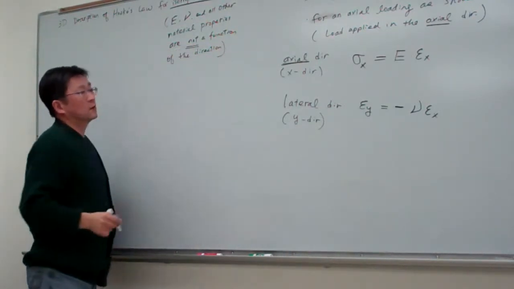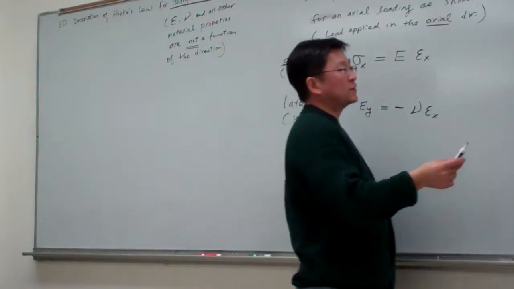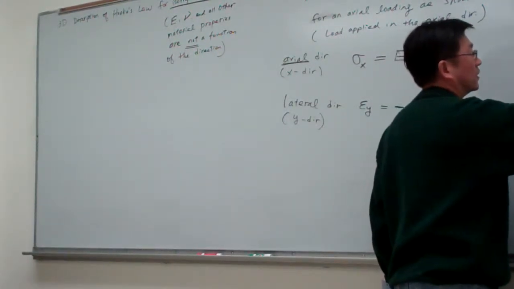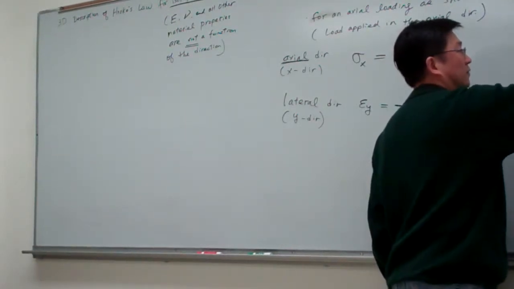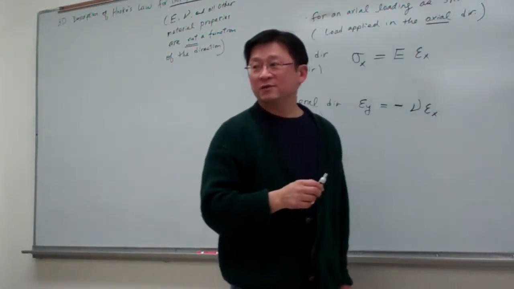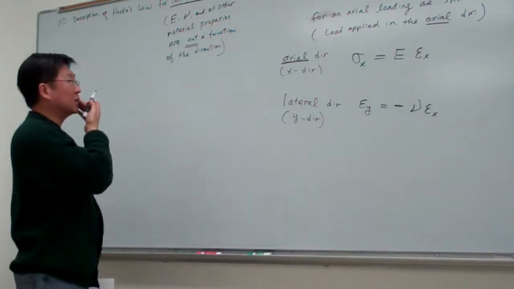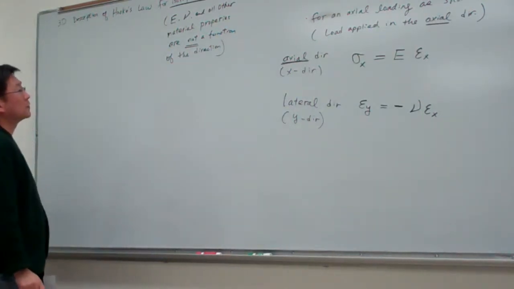Okay. So for example, here the Young's modulus describing the material in the x direction will be the same as the Young's modulus describing the material behavior in the y direction. So that is independent of the directions.